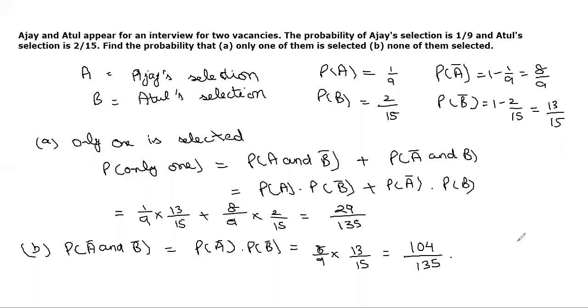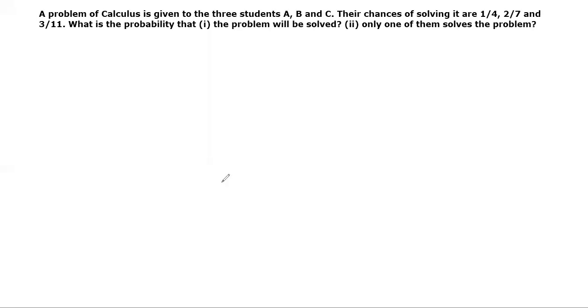Let's take another example. The question is, a problem of calculus is given to three students A, B and C, and their chances of solving it are given. Probability of solving by A is 1 over 4, solving by B is 2 over 7, and solving by C is 3 over 11.